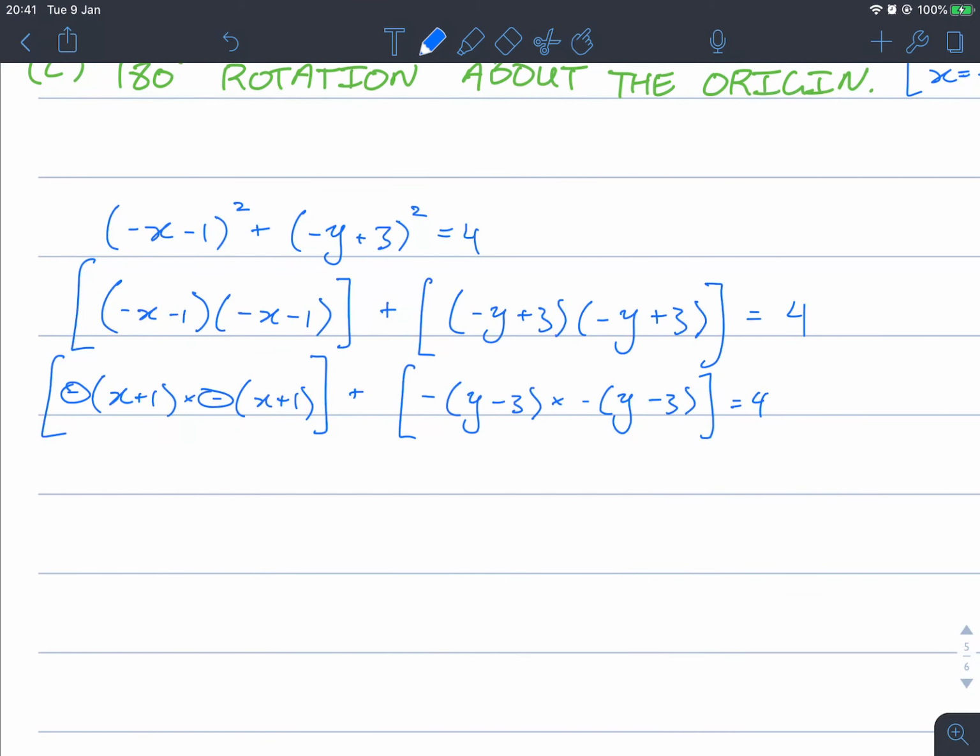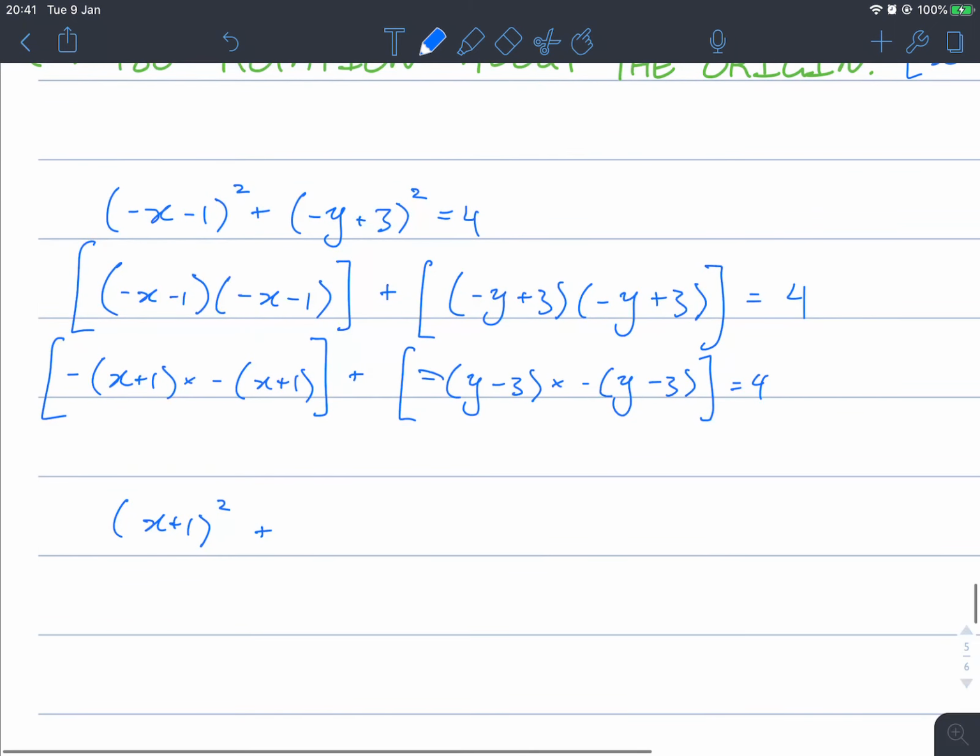These two negatives will become positive by multiplication, leaving us with x plus 1 squared plus, same concept, y minus 3 all squared equals 4.